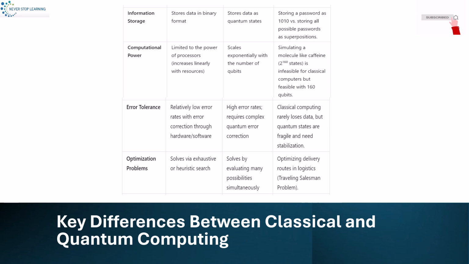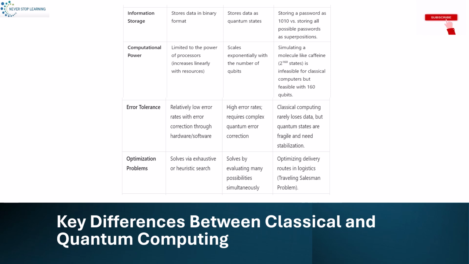In terms of computational power, classical computing is limited by the power of the processor, which increases linearly with resources, whereas in quantum computing it scales exponentially with the number of qubits. In terms of error tolerance, classical computers have relatively low error rates, with error correction through hardware and software, whereas quantum computing has a high error rate and requires complex quantum error correction.